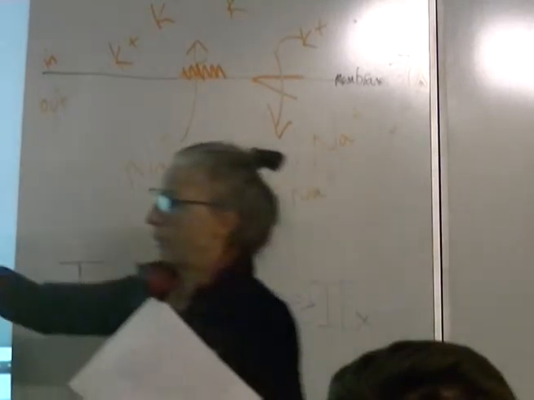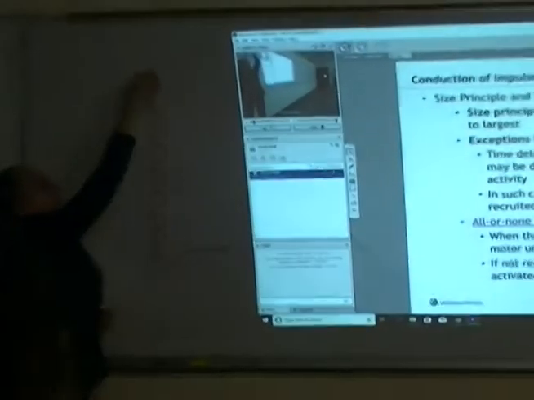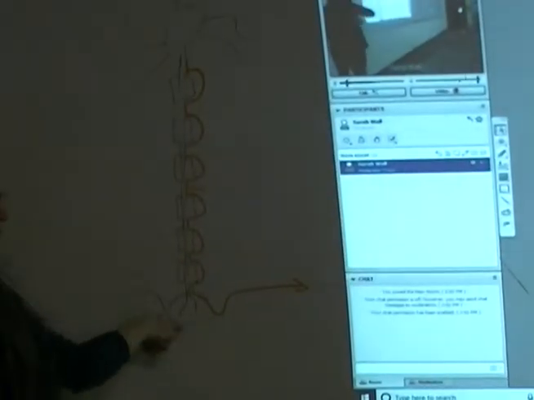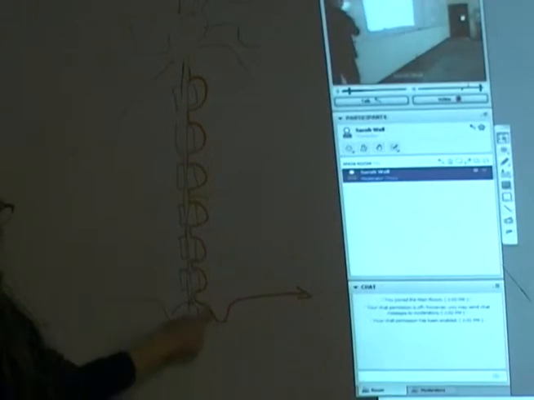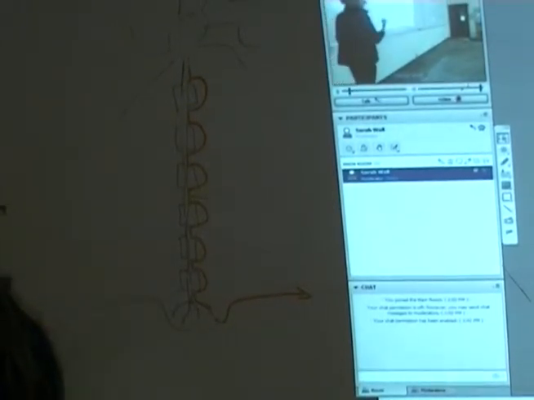If I reach threshold within the cell body, actually it happens at the hillock, which is right in between the cell body and the axon. The hillock adds up all the impulses that are coming into that cell body. If it reaches threshold, the action potential goes, and every motor fiber that is attached to that unit will turn on and contract.